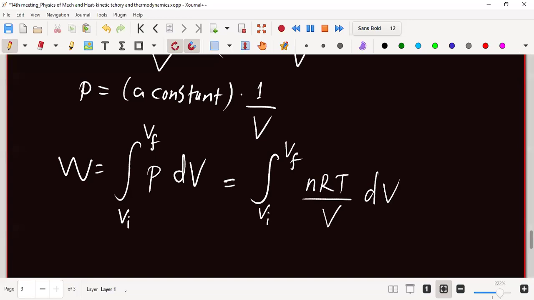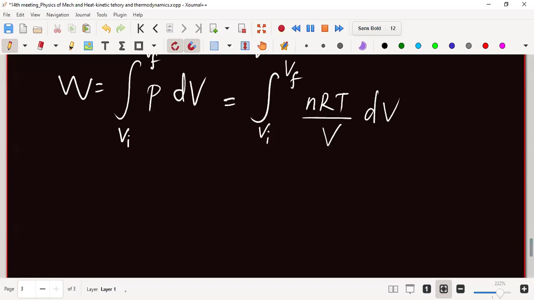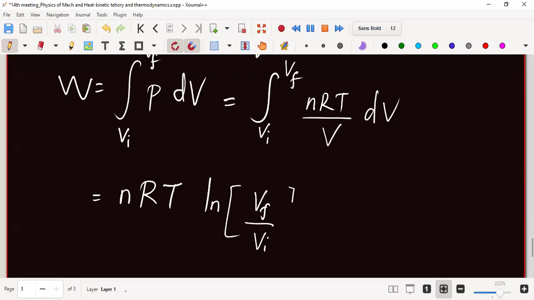So this one is the integral of 1 divided by volume dV. We'll get the natural logarithm: nRT times natural logarithm of final volume divided by initial volume, because we integrate from initial volume to final volume.